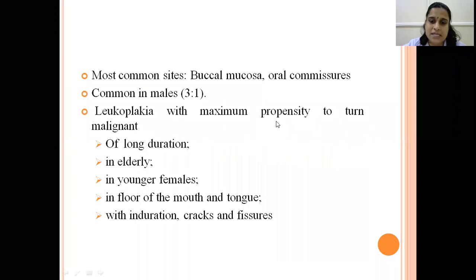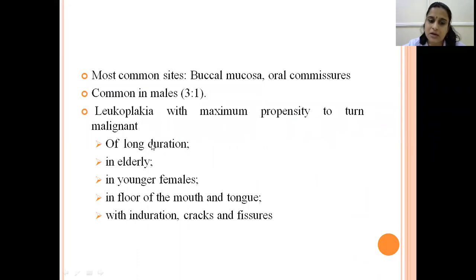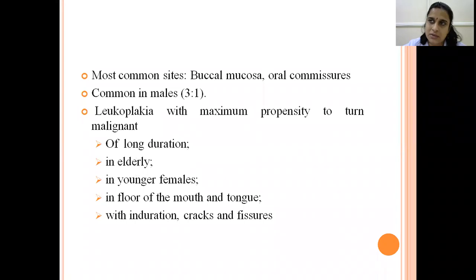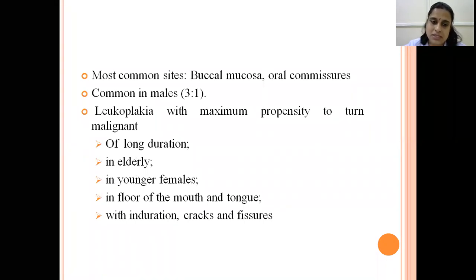Leukoplakia with the maximum propensity to turn malignant is of these following conditions. It is seen in the elderly, the long duration leukoplakia with the increased causative factors. It is seen in elderly and young females.